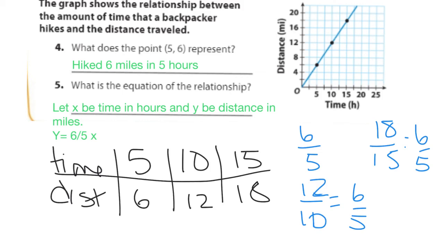Okay. 12 over 10 is 6/5. 18/15 is 6/5. So these three are 6/5. That's your K number. Y, it should be lowercase y. y equals 6/5 x. And that would be your equation. Make sure you identify it: let x be time in hours and y be distance in miles. Time in hours for your x-axis, distance in miles for your y-axis.